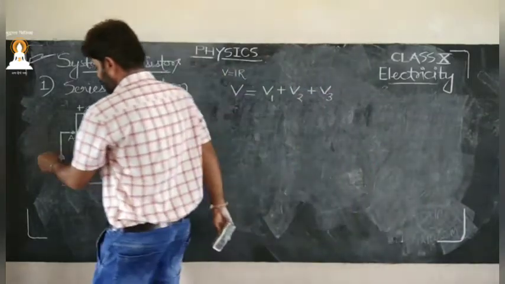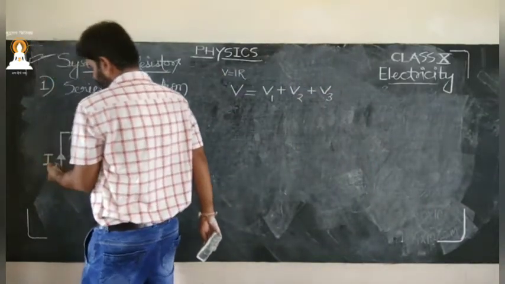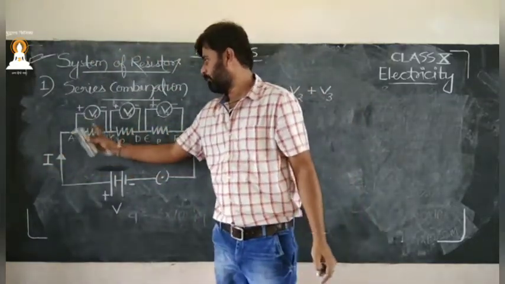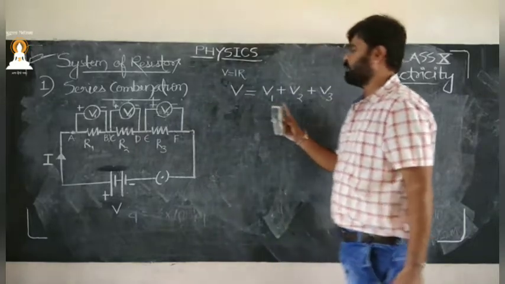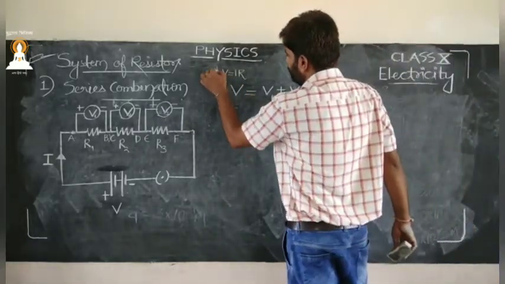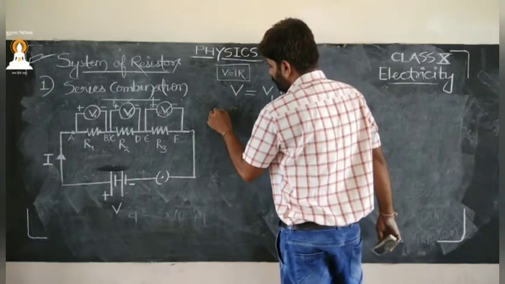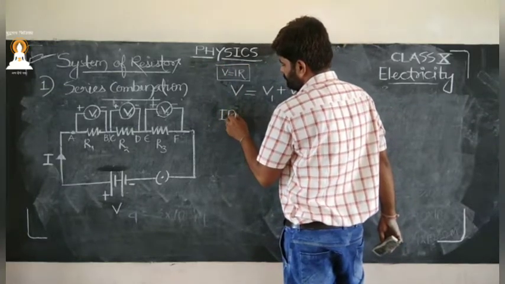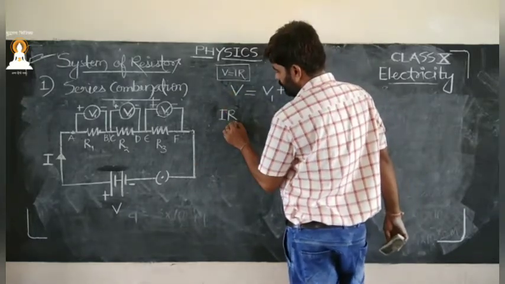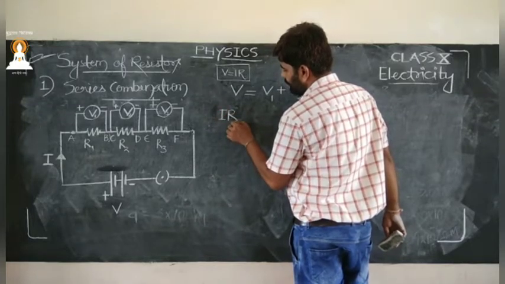Because this is the current, the current is the same throughout, but the potential drop is different. That's why we are talking about the potential drop. Now we know that V is equal to IR. So total V is nothing but total current into total resistance, say this is the R equivalent or RS, S for series.